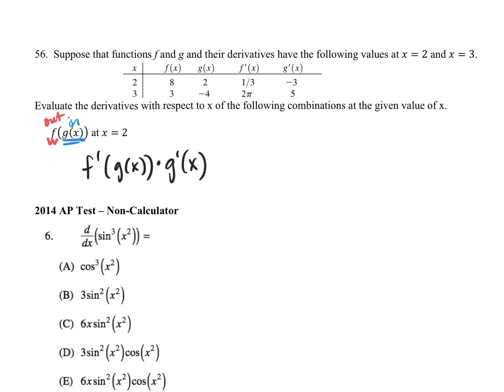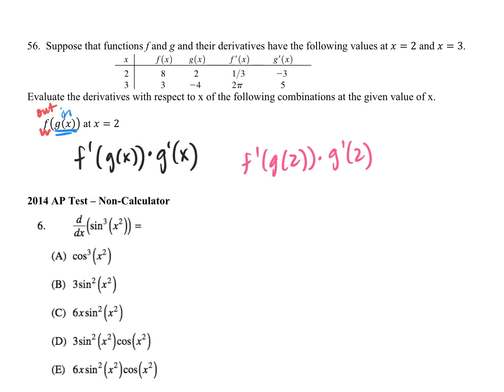You guys, if they want the derivative of this when x is 2, we could plug in 2's for x's. Let's go do that. We'd have f prime of g of 2 times g prime of 2. And what would we do first here? g of 2.